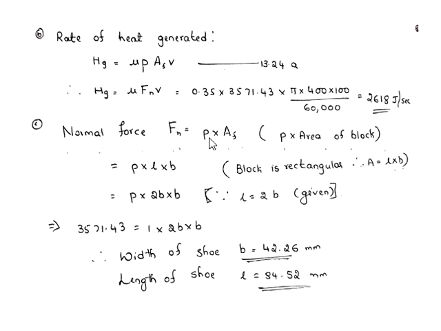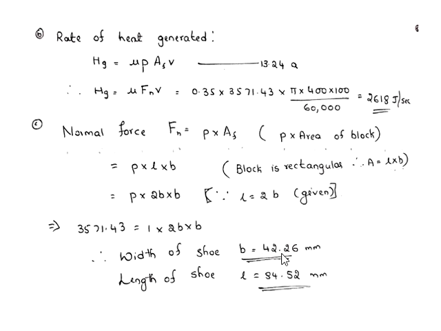Assume the block is of rectangular shape, and since it is a rectangle, its area will be length into breadth, and one condition is given, length is twice the breadth. Therefore P into 2B into B is equal to Fn. This Fn value I already have from step number 1. Substitute all the values.